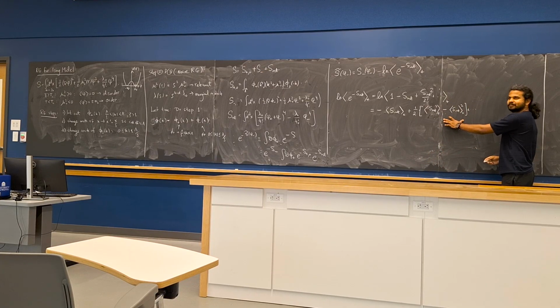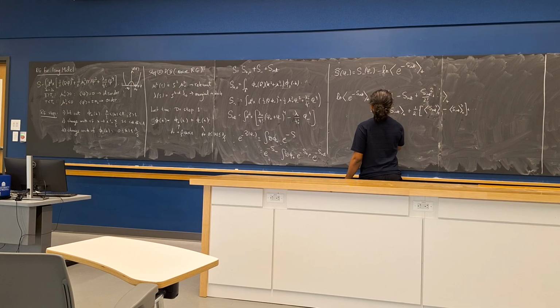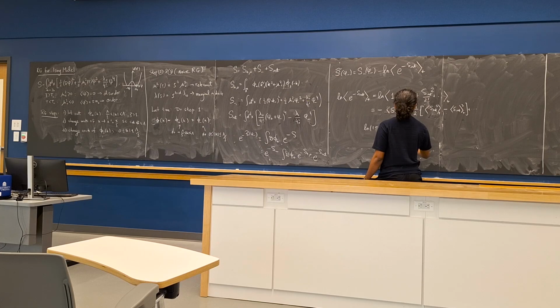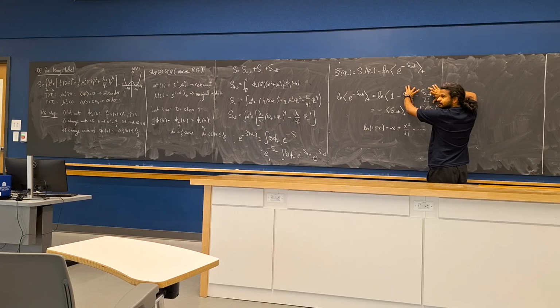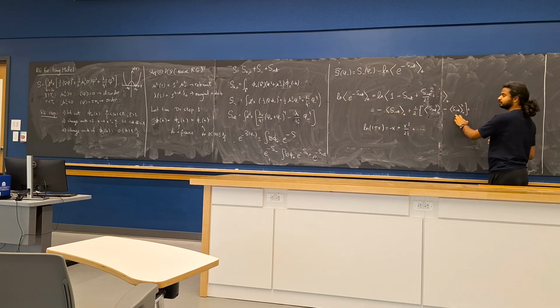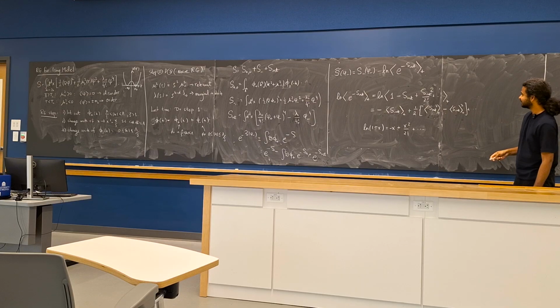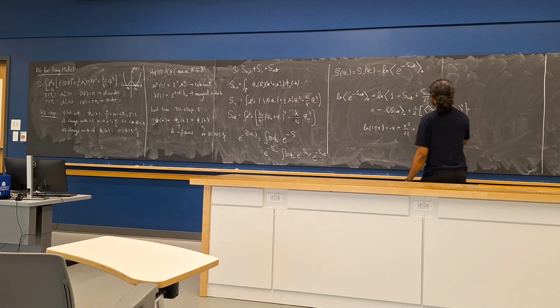Is this clear? So this is basically what's going on. Minus x. So take this as x, then we have this plus this, and x square is coming from this square. And the signs I may have messed up. Yeah, but that's it. So we computed this, I guess.